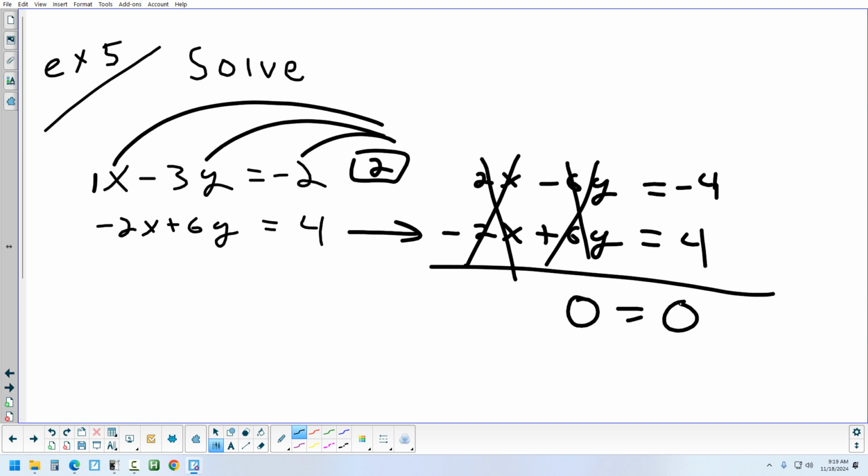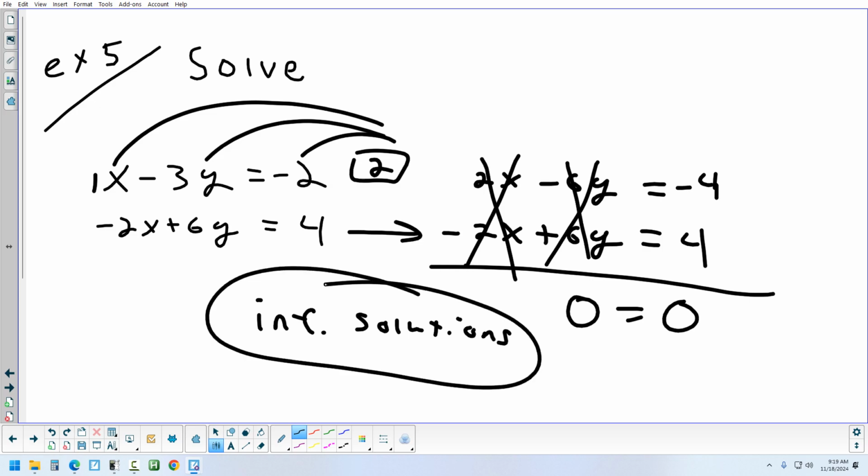Yeah, that means when you get the same thing on each side, that's a true statement. The last one was false. Since that's true, we have infinite solutions. What that means is any number is an answer to this problem. 6, 2.4, negative 5/7, any number is a solution.